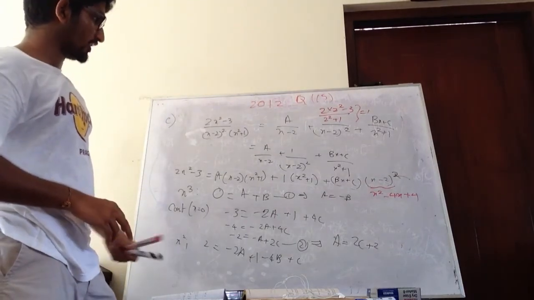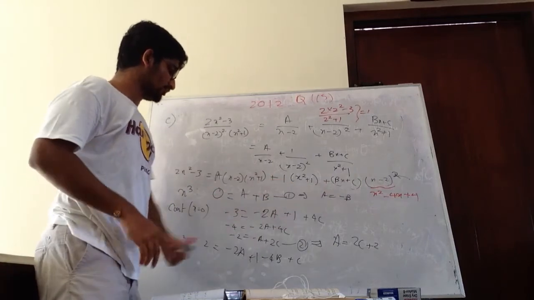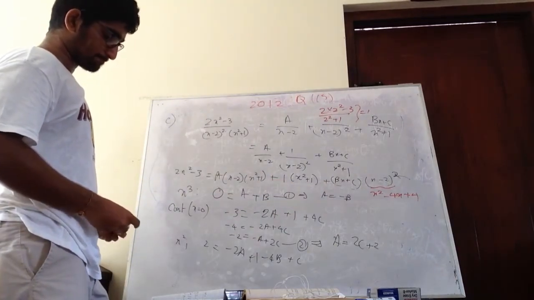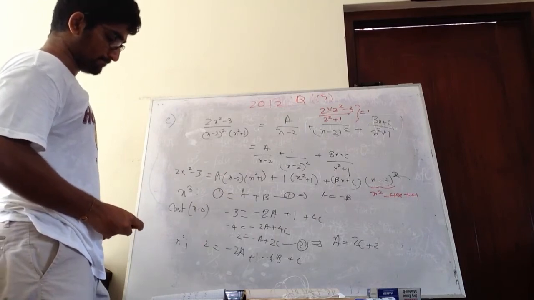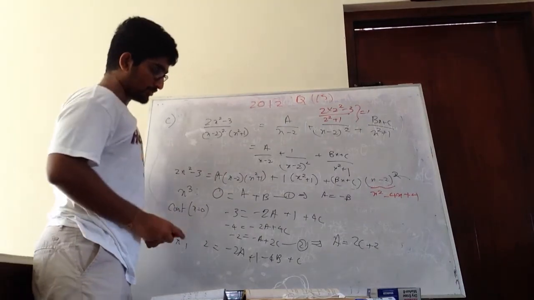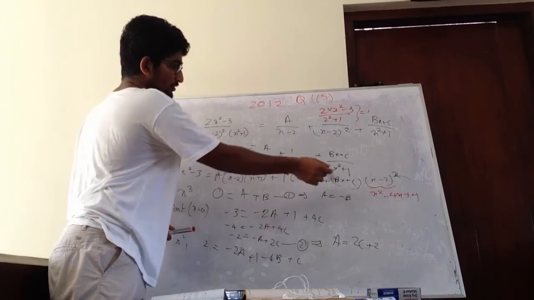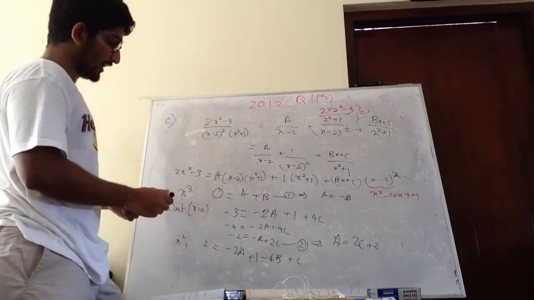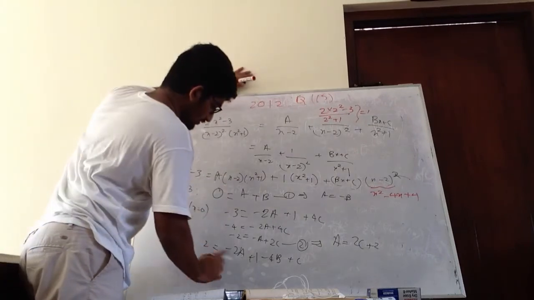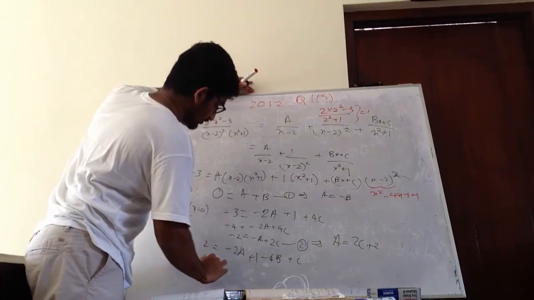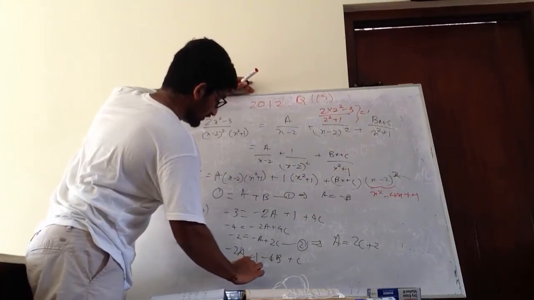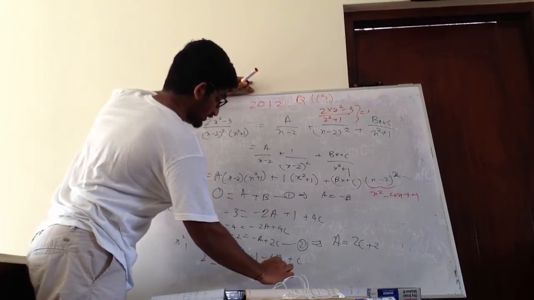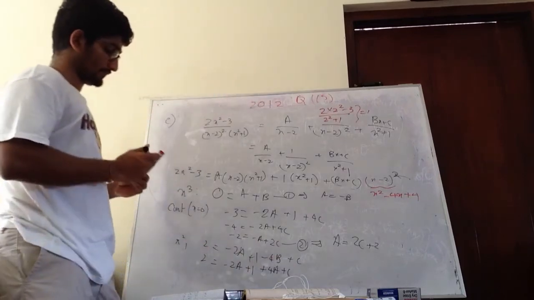Then I'm going to substitute for b, I'm going to use a. So minus b is basically a, no? So this is going to be 4a, right? So this is going to be 2 equals minus 2a plus 1 plus 4a plus c.